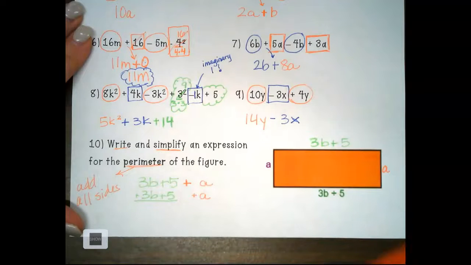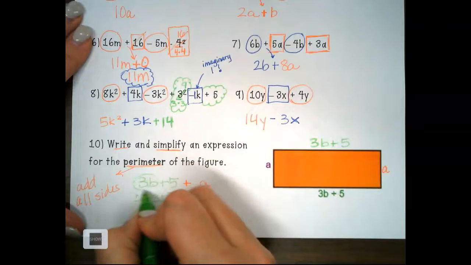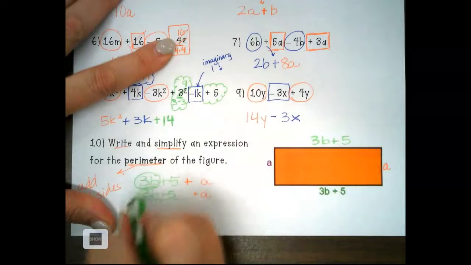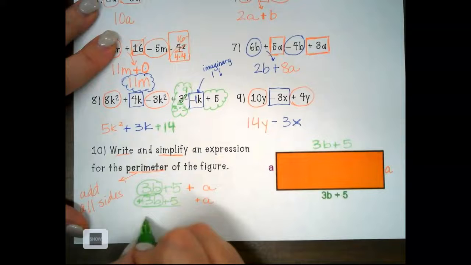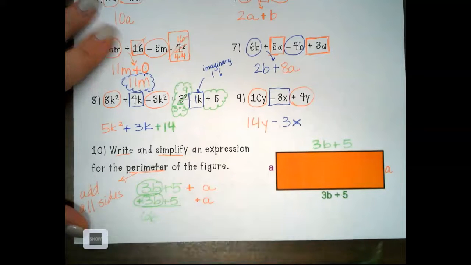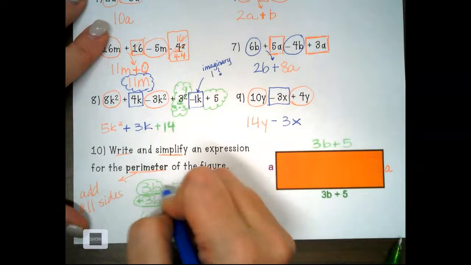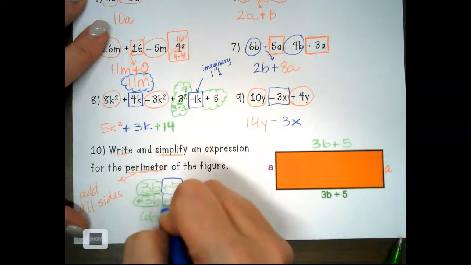Okay. All right. So we have 3b plus 3b. Oops. Sorry, guys. Plus 3b. So that would give me 6b. And then I have a plus 5 and another plus 5.